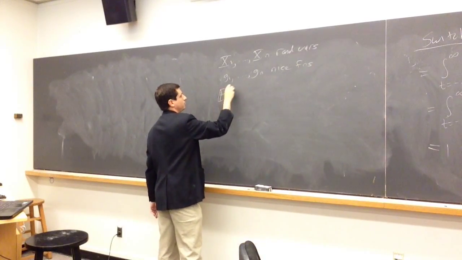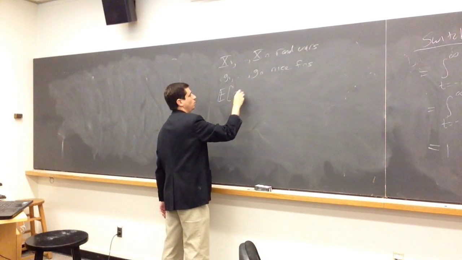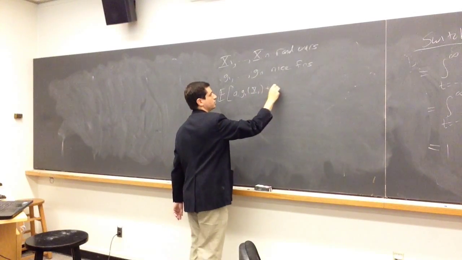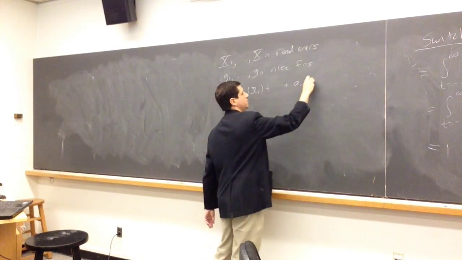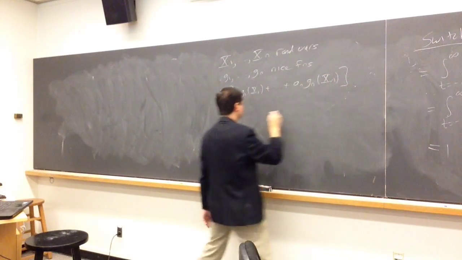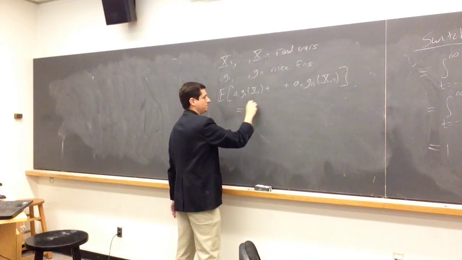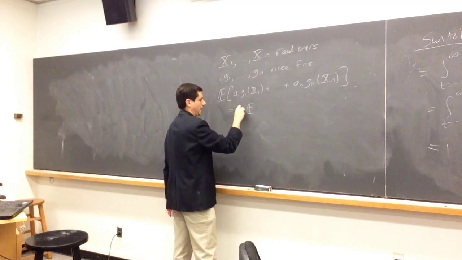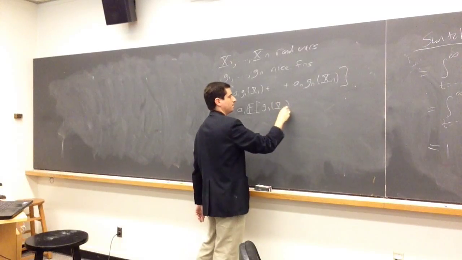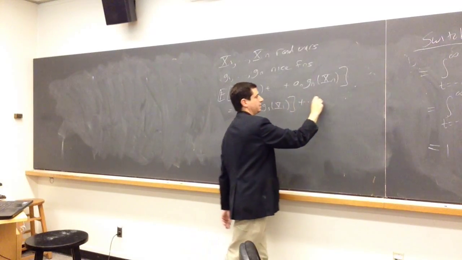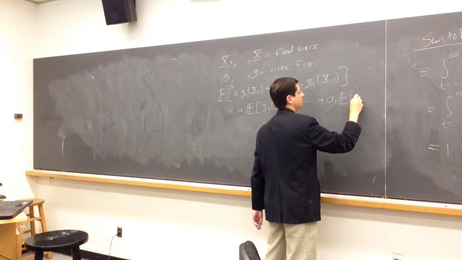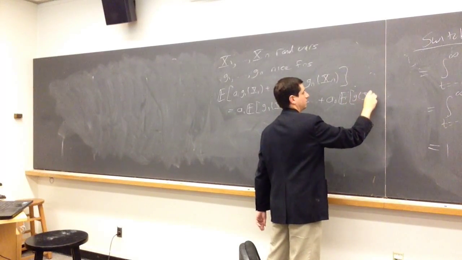The expected value of a1 g1 of X1 plus and so on plus an gn of Xn is a1 times the expected value of g1 of X1, plus yada yada yada, plus an times the expected value of gn of Xn.